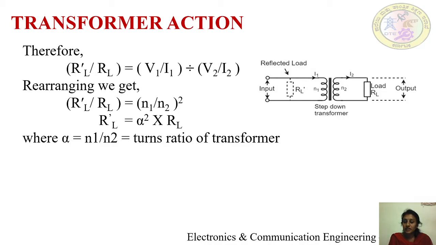It means that low resistance of one stage can be reflected as high resistance to the previous stage. And the power transferred to the load will be maximum only if the amplifier output impedance is equal to the load impedance RL.